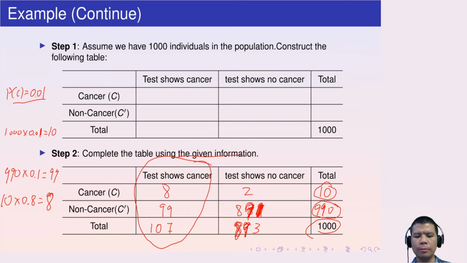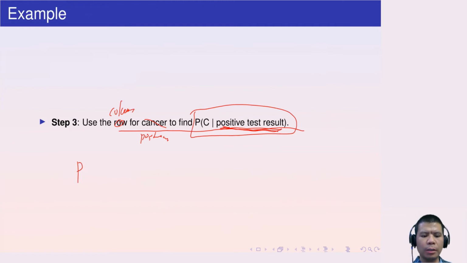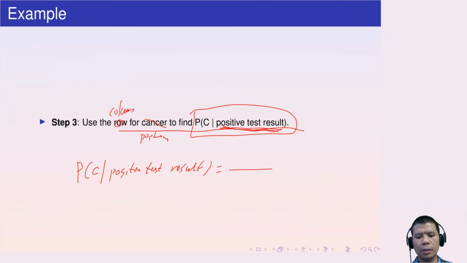Out of this 107 with a positive test result, there are only 8 of them with cancer. So the probability of cancer given a positive test result equals 8 out of 107.